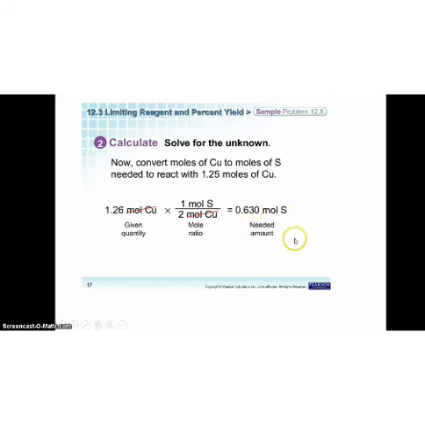We get the needed amount, and the sulfur present is 0.779, which is greater than this needed amount. So sulfur is the excess reagent and copper acts as the limiting reagent.